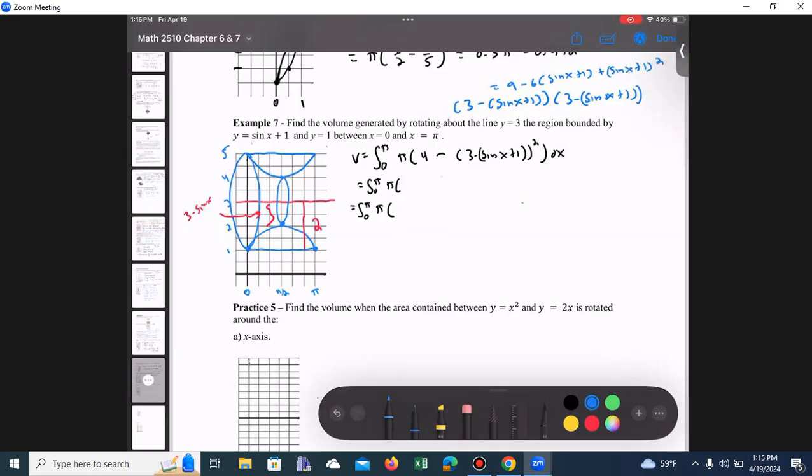That's what we would end up having to square out, which we'll do here soon. So we'll have 4 minus, and we'll subtract out each of these. So minus 9 plus 6 sine of x plus 1 minus sine of x plus 1 squared dx.